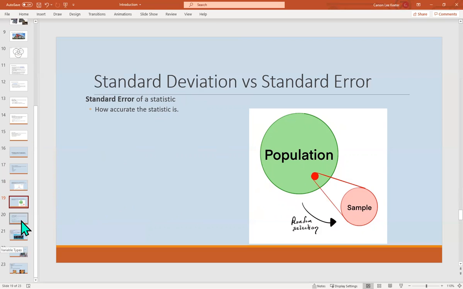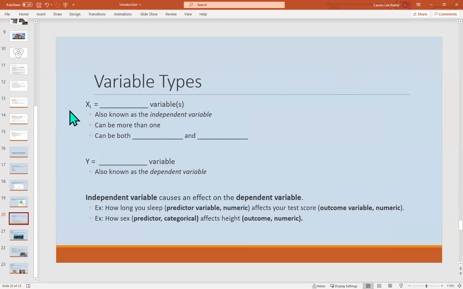So that brings us then to variable types. And this is where we're going to get back into some, hopefully, familiar lingo. Again, if it's not familiar, no biggie. I don't mind at all. So variable types. Oftentimes we see X or Xi, and you have a bunch of different people calling it different things, but in this class, we're going to be calling it a predictor variable.